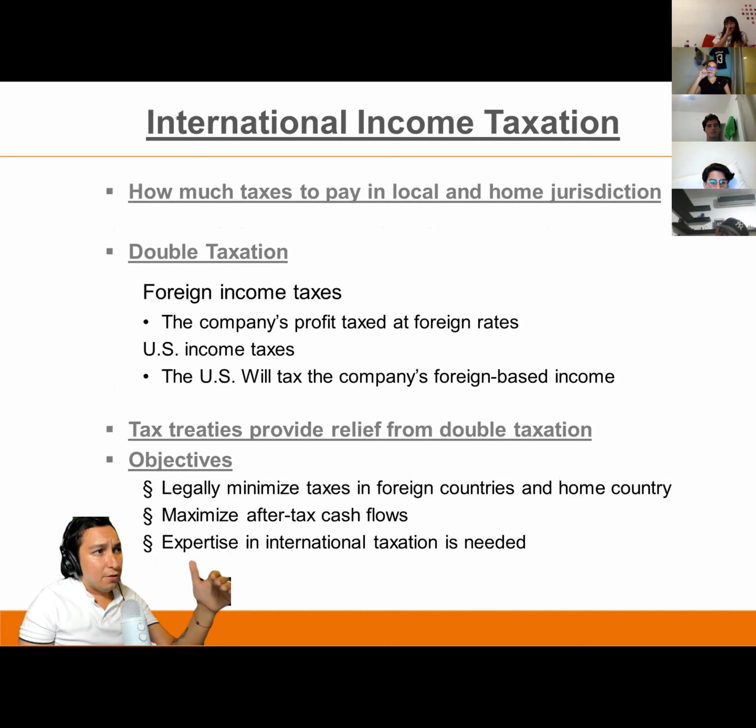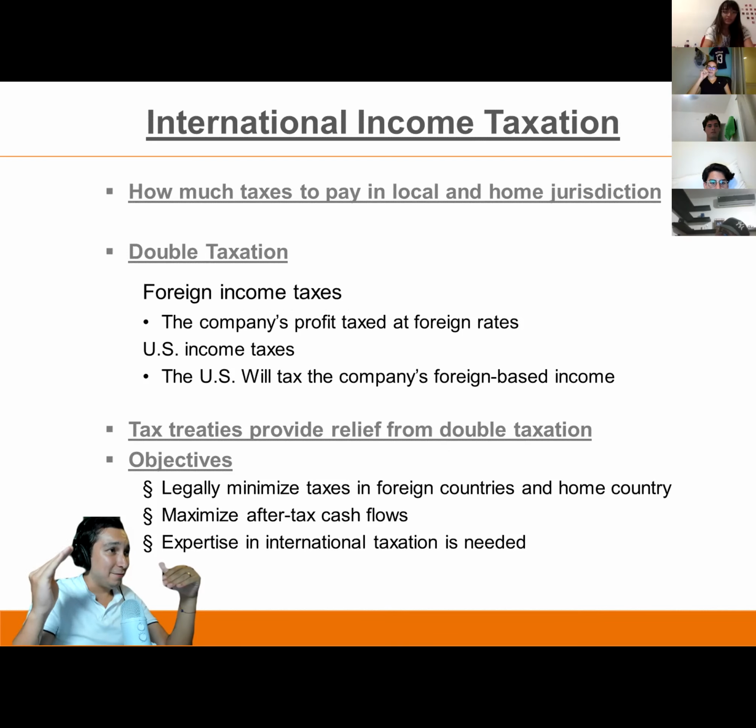Like here in Mexico, you only pay taxes in one country or the other, right? Is somebody here a US citizen? No? And anybody here who is not from Mexico? Arturo?